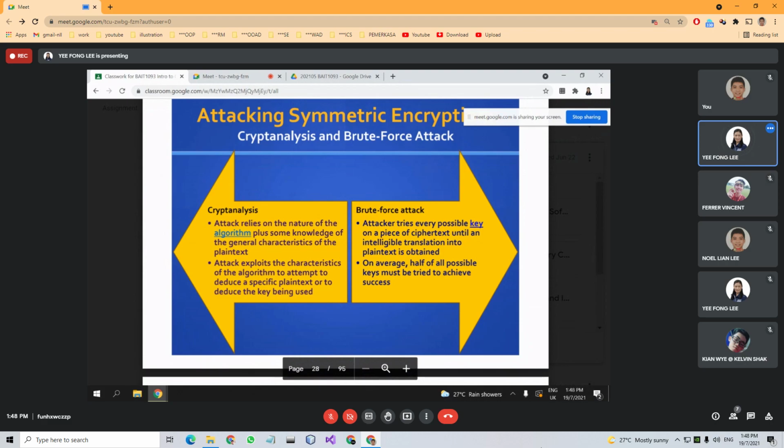On average, half of all possible keys must be tried to achieve success, whether there is a chance to get the plain text. For cryptanalysis, by using the algorithm, they are trying to find the weaknesses of the current algorithm. For the brute force attack, we know this one is by trial and error. Any question on this slide?